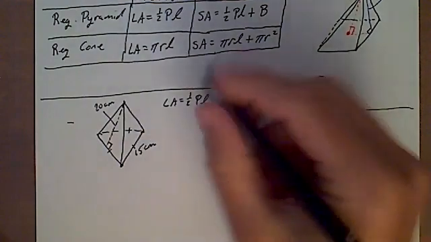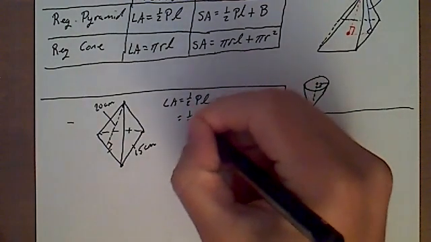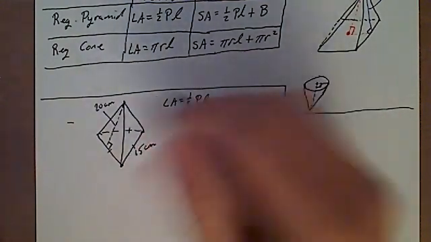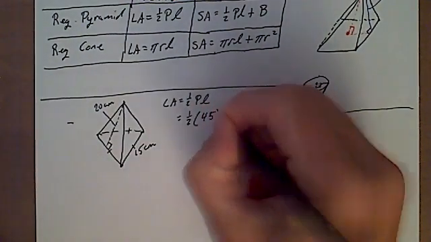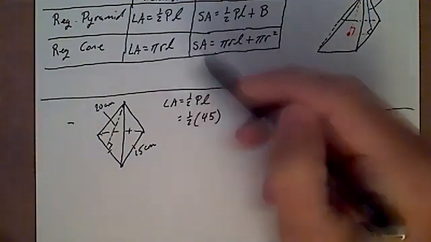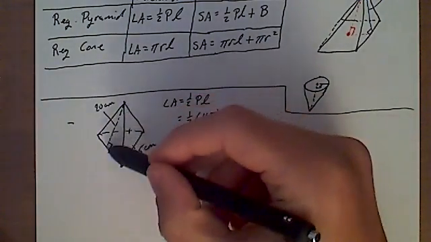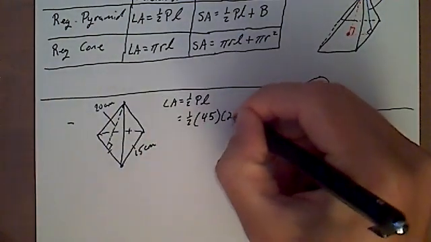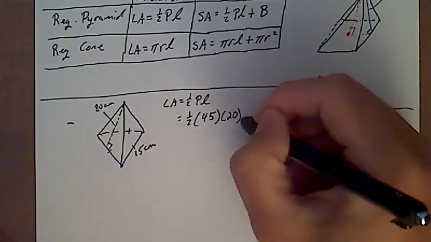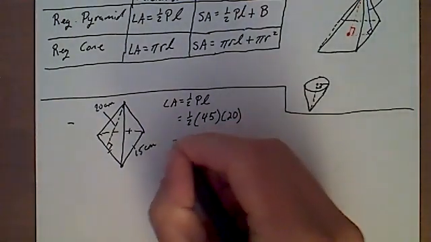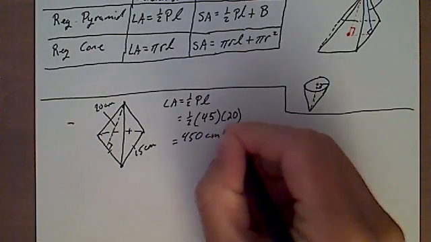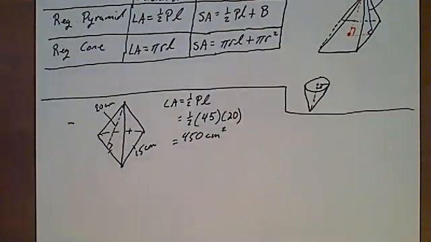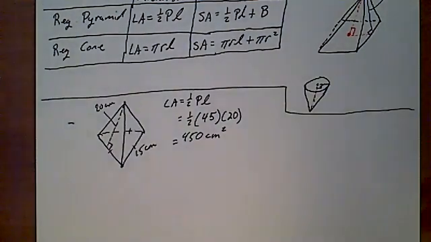Each side is 15. 3 times 15 is 45, and we get half of 45 times the slant height. That's given here. The slant height is 20. Half of 20 is 10. 10 times 45 is 450. We are talking about area, so it's centimeters squared.